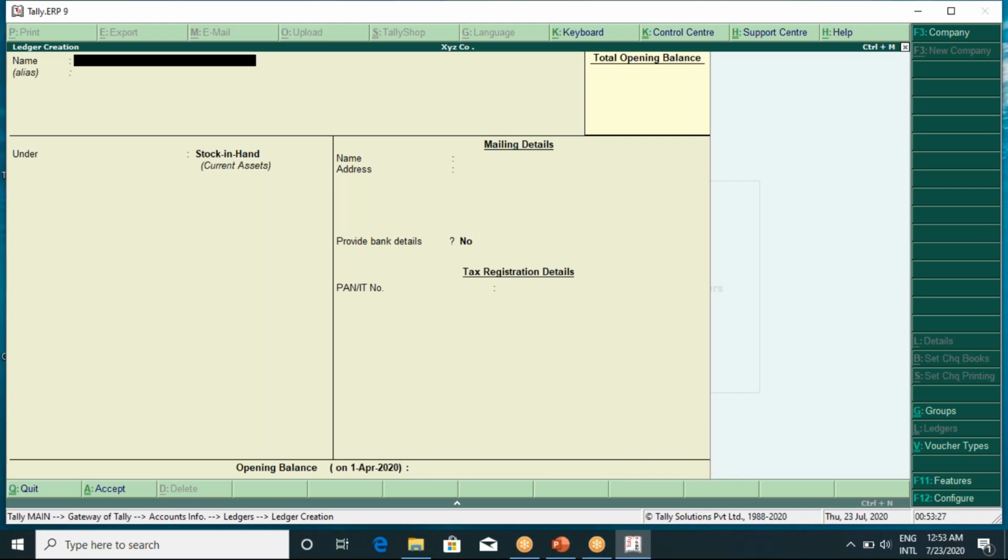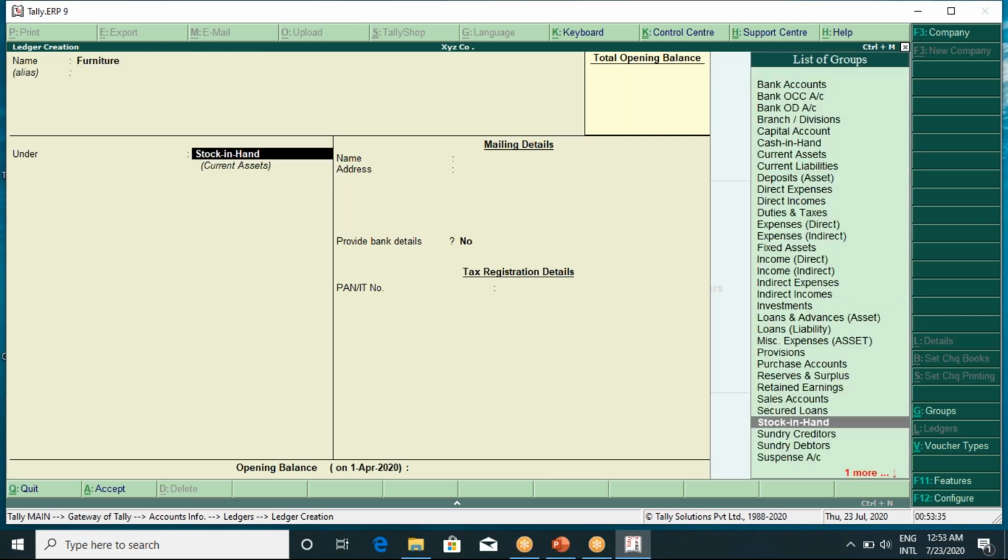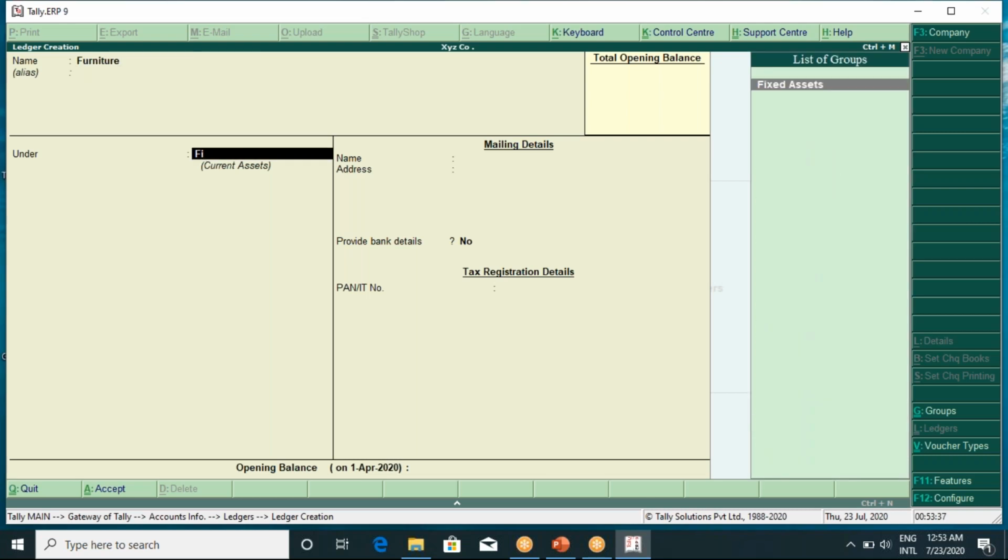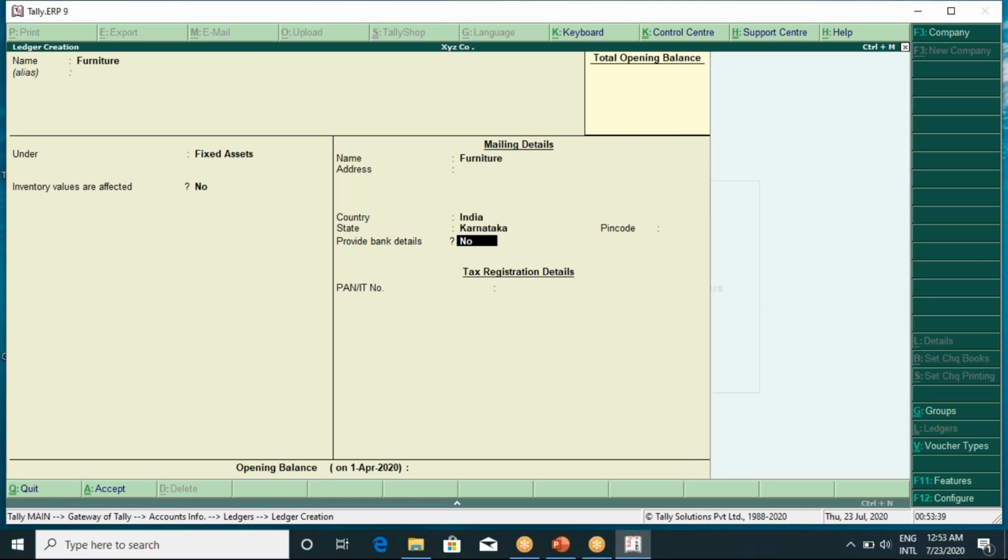furniture. Next ledger is furniture. Furniture is a fixed asset, we know. It is a fixed asset, enter and save. Furniture and plant and machinery.